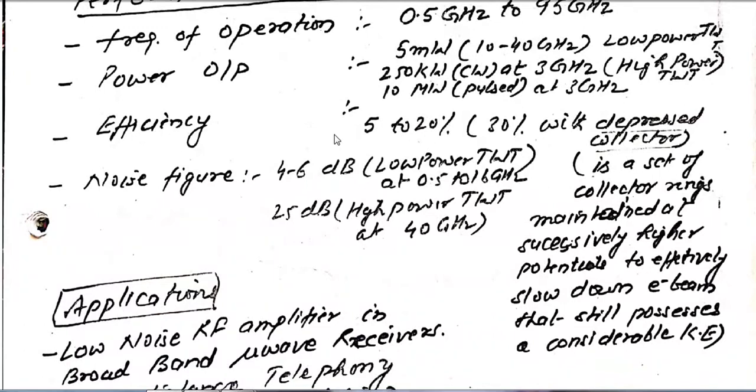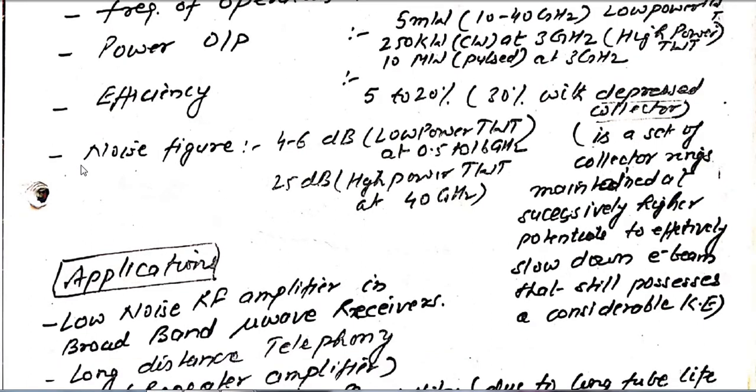The efficiency of a TWT is about 5 to 20%, and 30% with a depressed collector. The noise figure is 4 to 6 dB for a low power TWT at a frequency of 0.5 to 16 GHz, and the noise figure is 25 dB for a high power TWT at about 40 GHz.